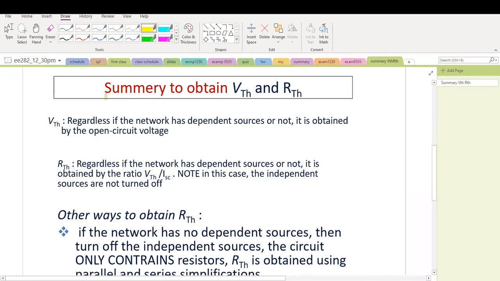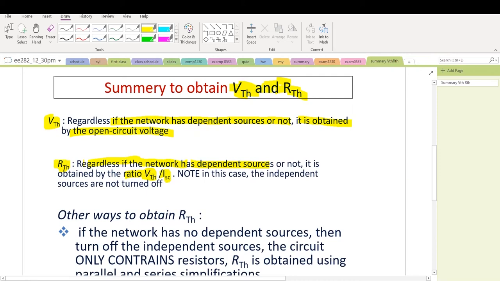Now is the time to do a summary to obtain the VTH and RTH for Thevenin Theorem. First of all, VTH. Regardless if the network has dependent sources or not, it is obtained by the open circuit voltage. So we just open the terminal, calculate the open circuit voltage. For the RTH, regardless if the network has dependent sources or not, it can be obtained by the ratio of VTH and the short circuit current.